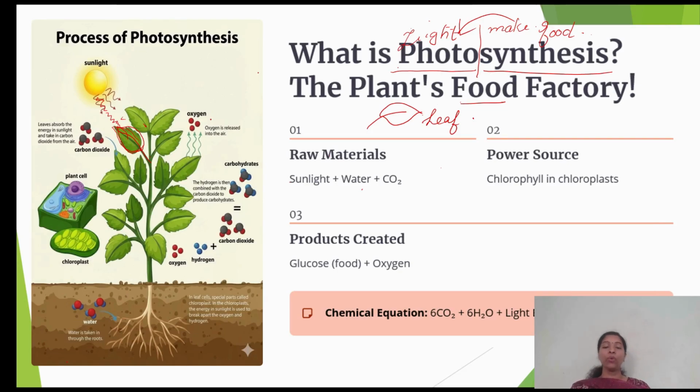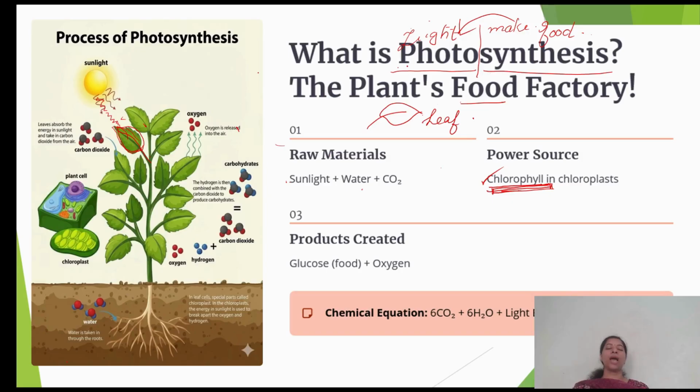Let's see one by one what these raw materials are. First thing, obviously the most important, is chlorophyll. This pigment is the necessary thing needed for doing the process. The second thing is photo.